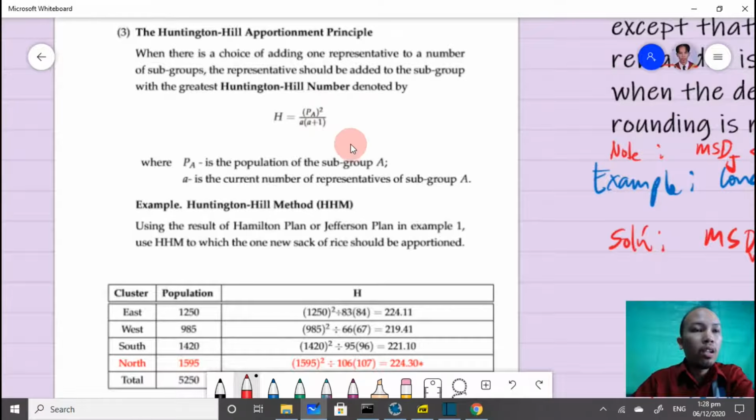This principle will be discussed later after the discussion of the fairness of the apportionment. It is under that topic, the Huntington-Hill apportionment principle.